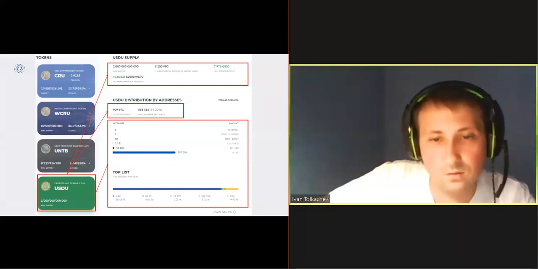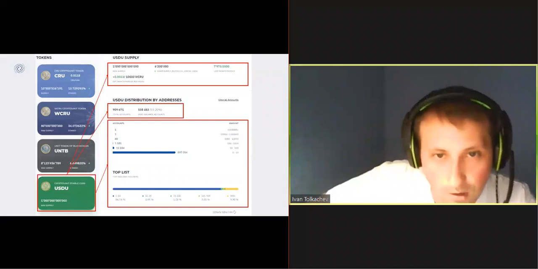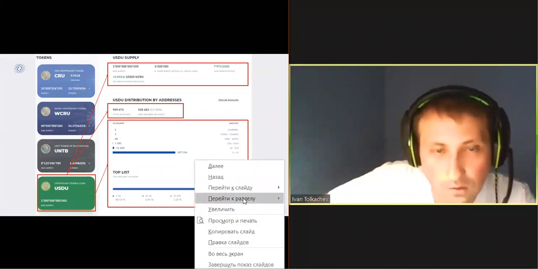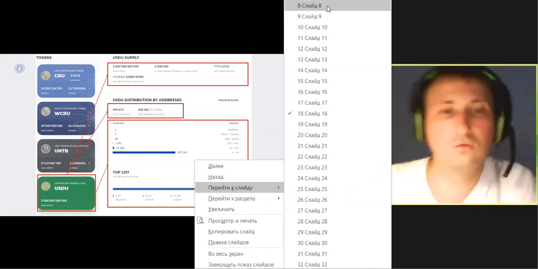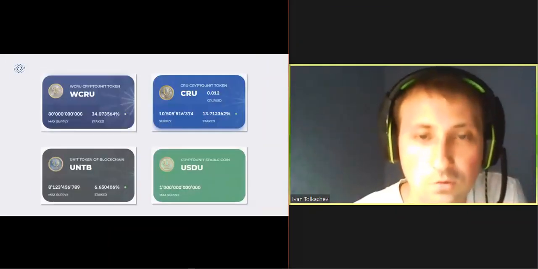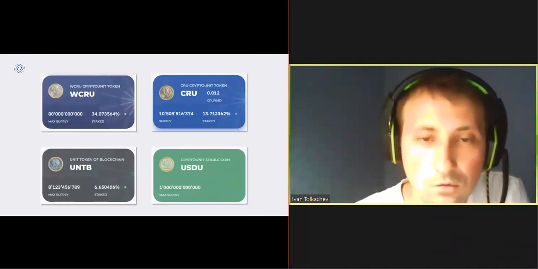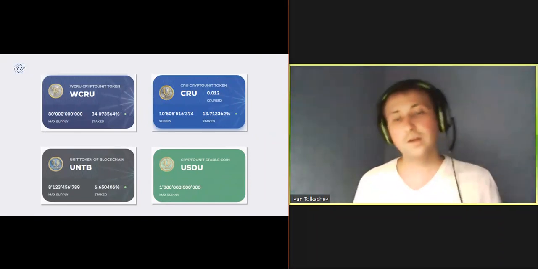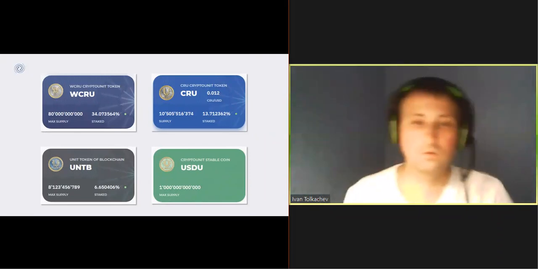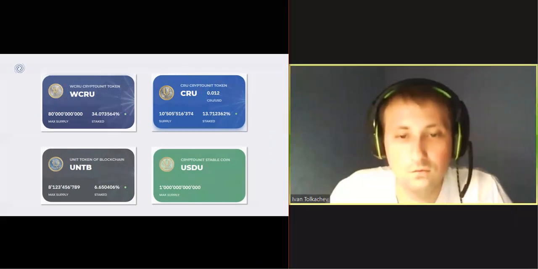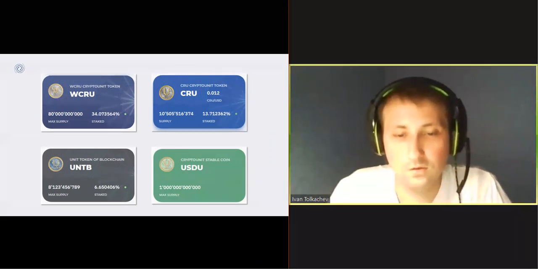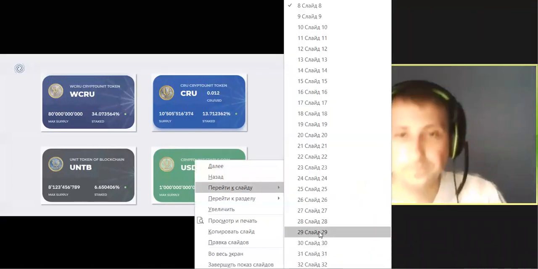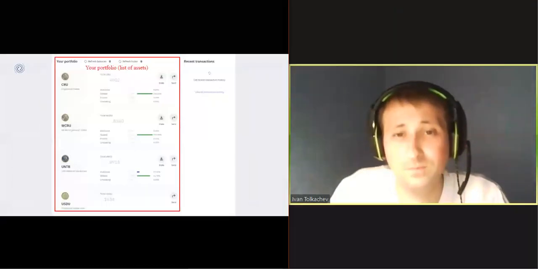So there is another slide. Look, we have World CRU or CRU, and the upline supply, then the number of staked, the number of unfrozen, and etc. So total World CRU, USDU, UNTB, all these parameters you can find there.